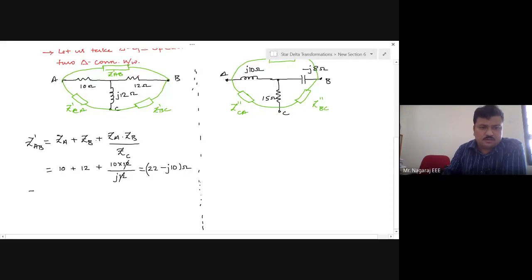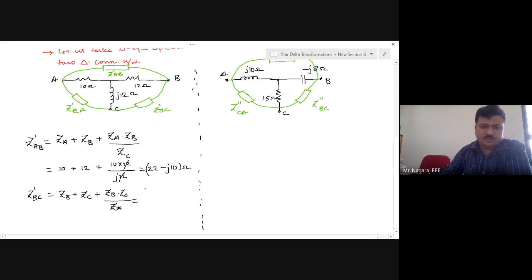And then ZBC dash is equals to, sorry, we'll write the formula first: ZB plus ZC plus ZB into ZC divided by ZA.